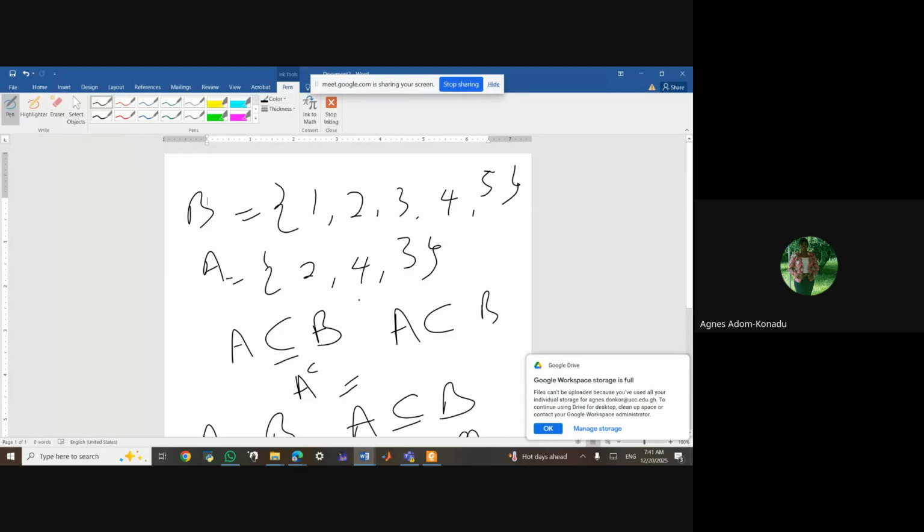Here we are talking about elements that are in B but not in A. Can you give me the elements that are in B but not in A? 1 and 5. So that is the complement of A. Elements that are in B but not in A, that is a complement.